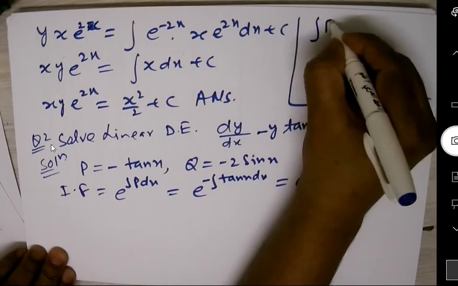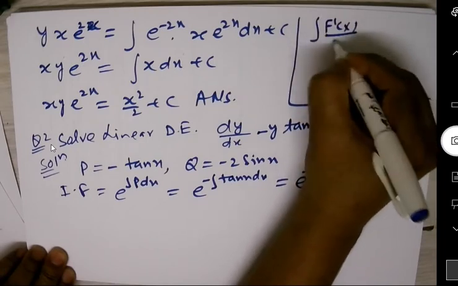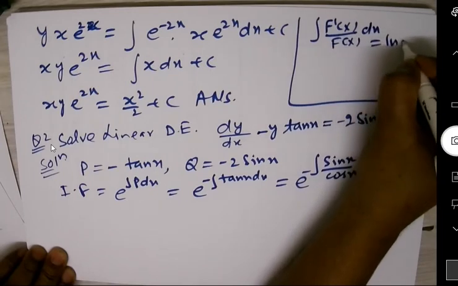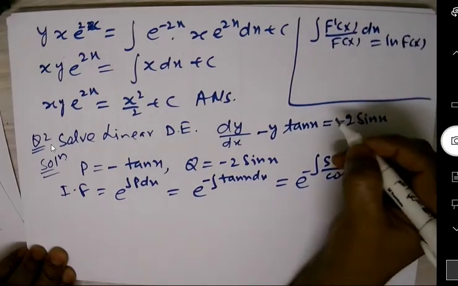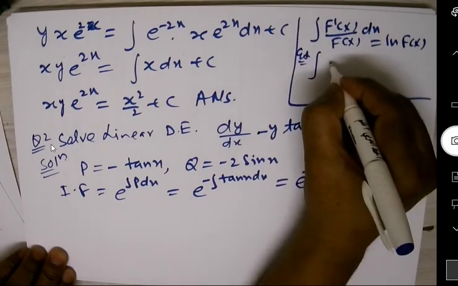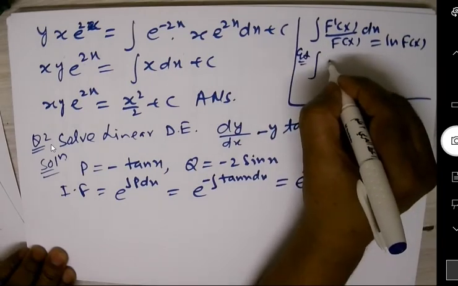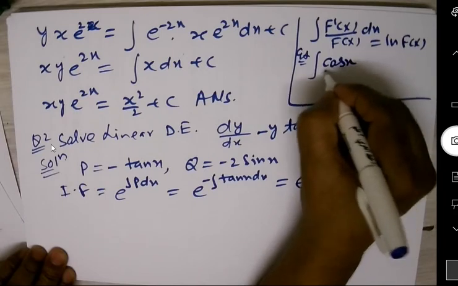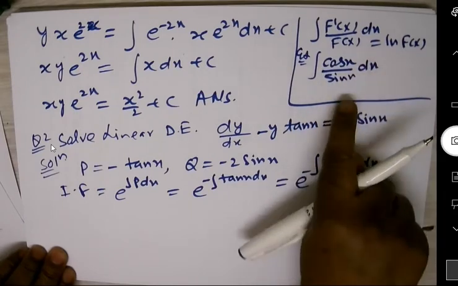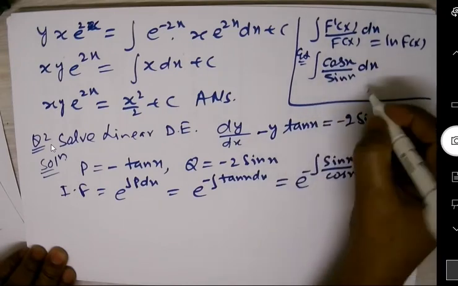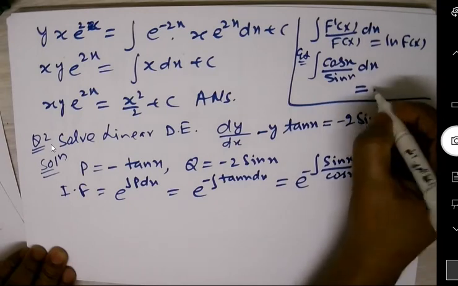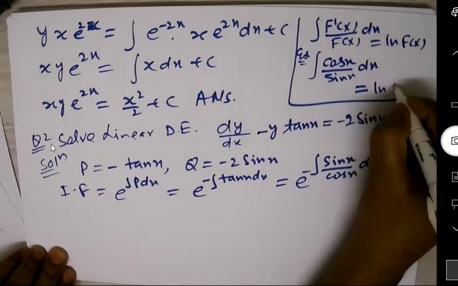There is a rule that if the numerator is the derivative of the denominator, then the integration is ln of f(x). For example, take cosine x divided by sine x dx. The derivative of sine x is cosine x, so no need to do anything: it is simply ln of sine x.